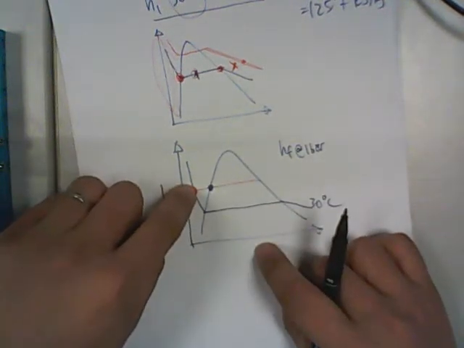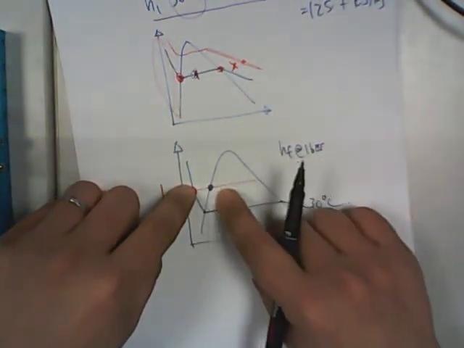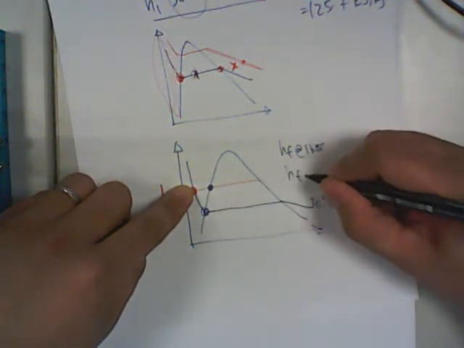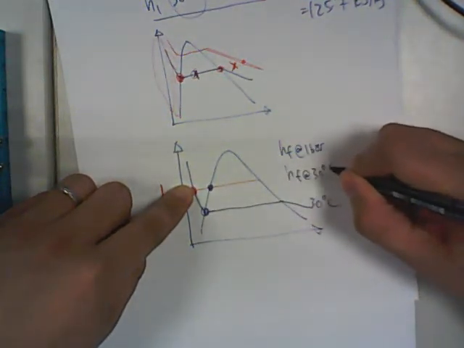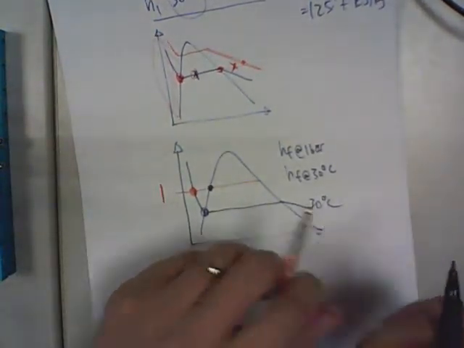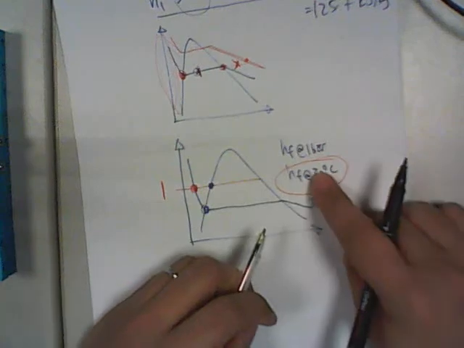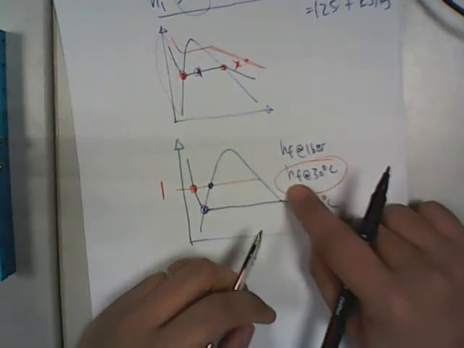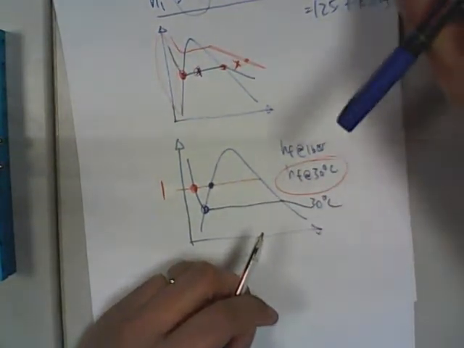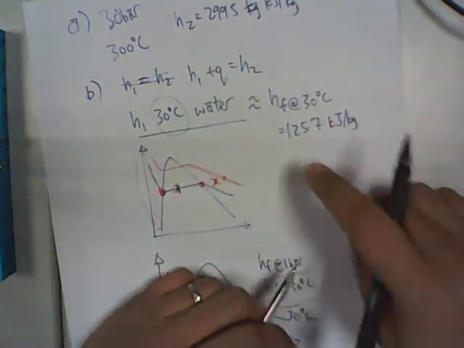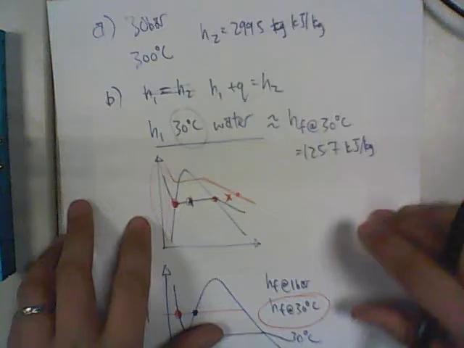I can either approximate this H to HF at 1 bar, or I can approximate to HF at 30 degrees Celsius. The actual value will be closer to this value, so use the HF at that temperature to approximate. In this case, we are using the HF at 30, you get 125.7.